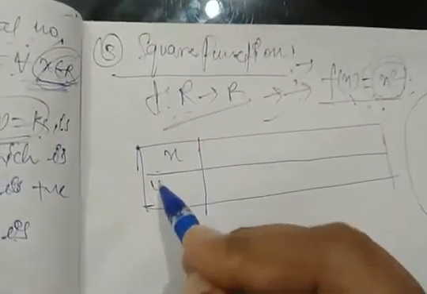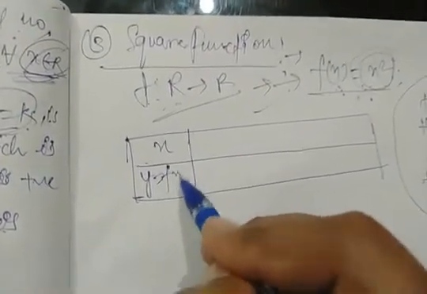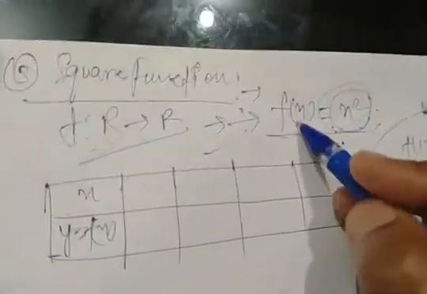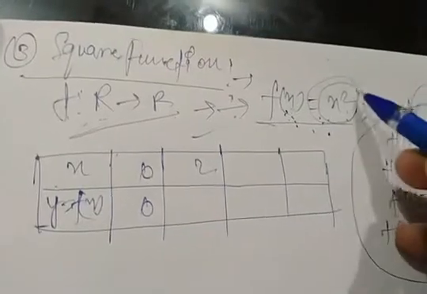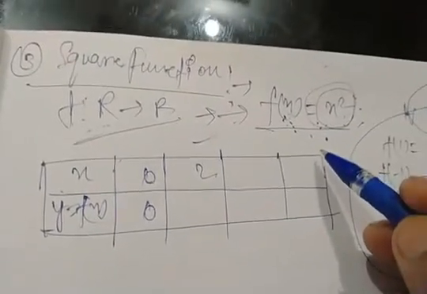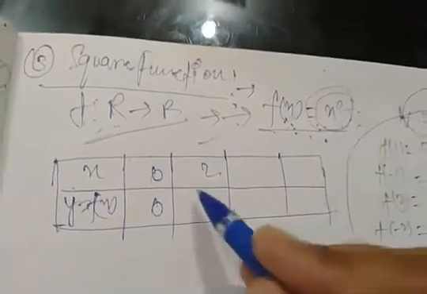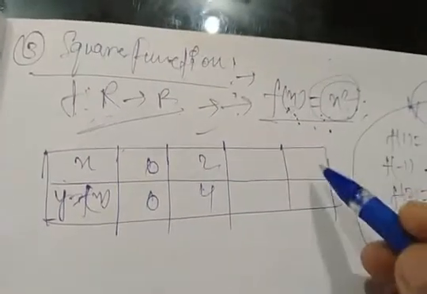Suppose x and y, that is f of x. Suppose we put x is equal to 0, then we get as a result 0. Suppose we put x is equal to 2, then we get 4, 2 twos are 4.